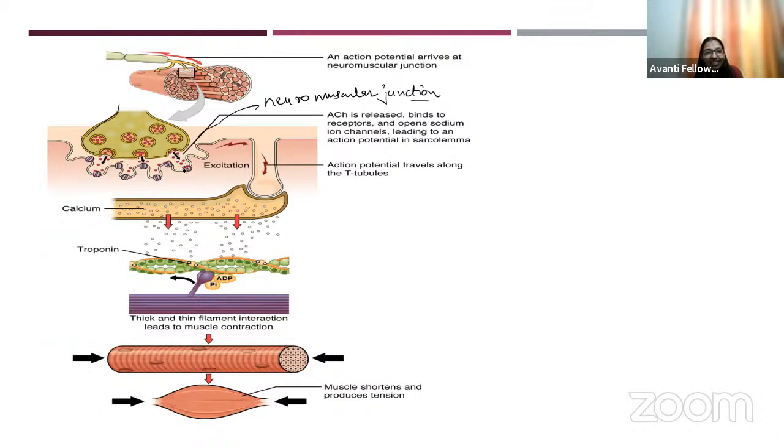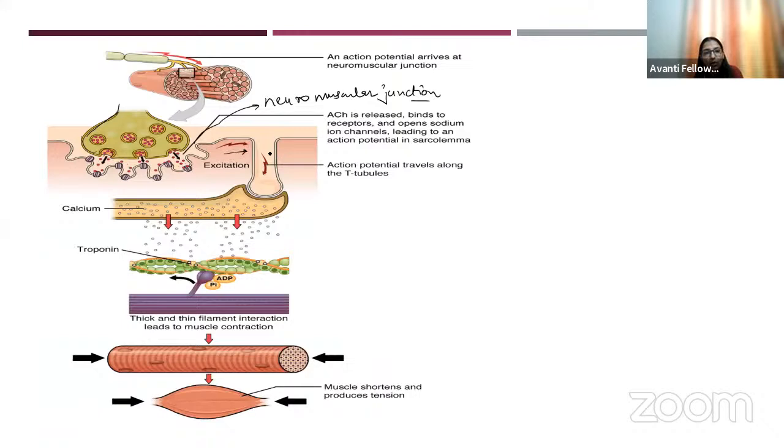Once they get released, the receptors present in the sarcolemma, which is the lining of the muscle fiber or the muscle cell, receive this neurotransmitter and generate an impulse.